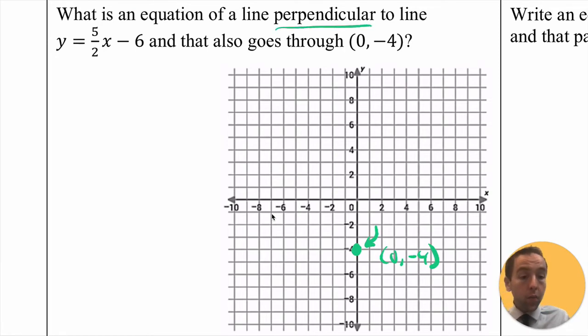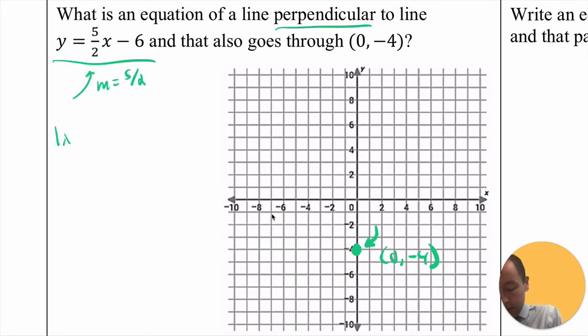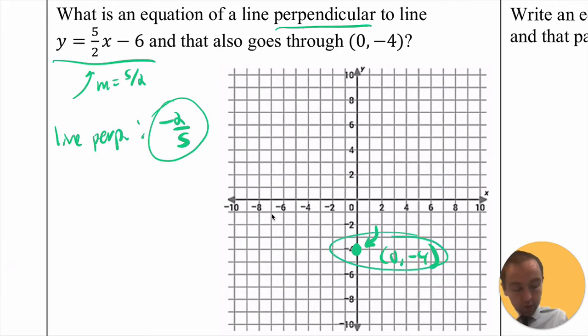What we know about perpendicular lines is that the slopes are opposite reciprocals, or the product of the slopes is always -1. Since the slope of that line is 5/2, a line perpendicular to it should have the opposite reciprocal slope, which is -2/5.